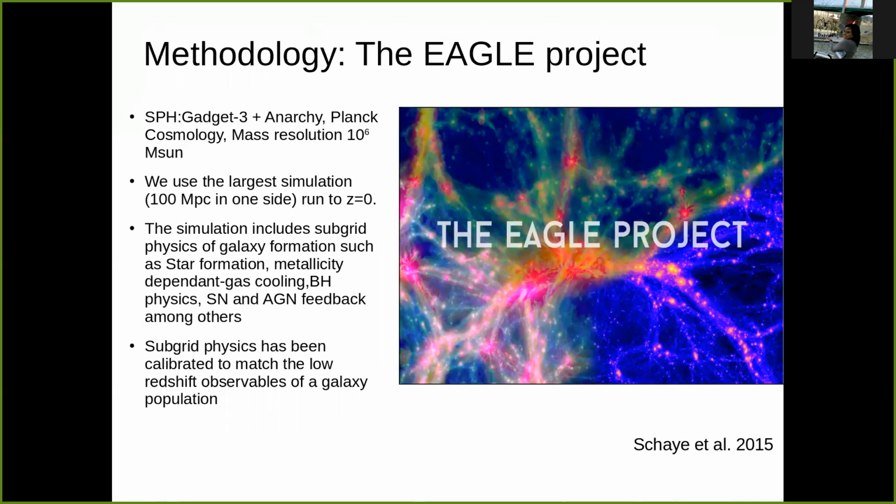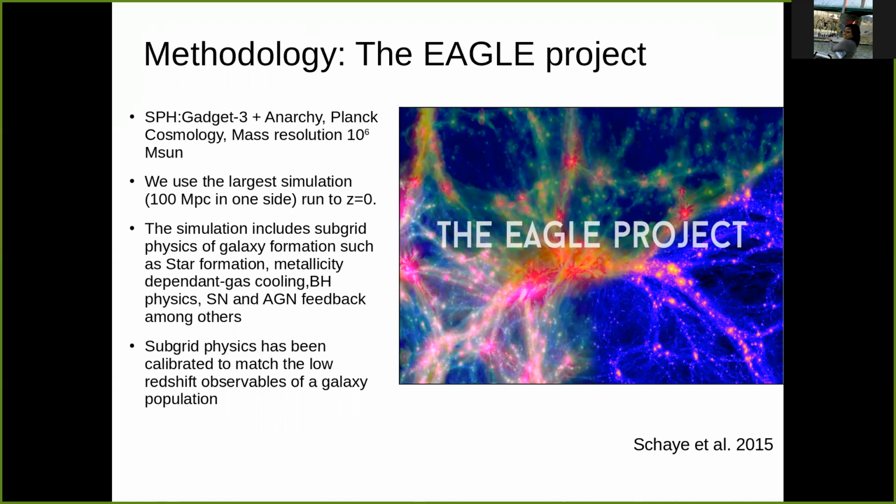For that, we use the EAGLE project, which is a suite of hydrodynamical cosmological simulations. The simulation includes subgrid physics of galaxy formation, such as star formation, metallicity-dependent gas cooling, black hole physics, supernova, and AGN feedback. The subgrid physics has been calibrated to match the low redshift observables of the galaxy population.